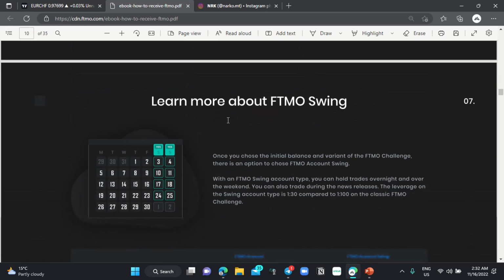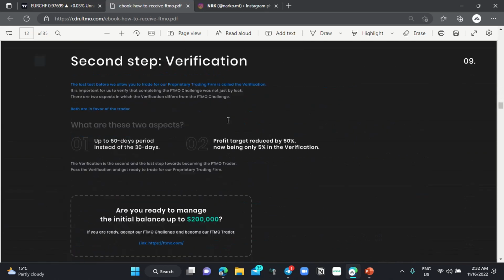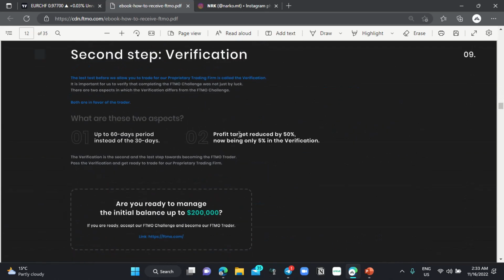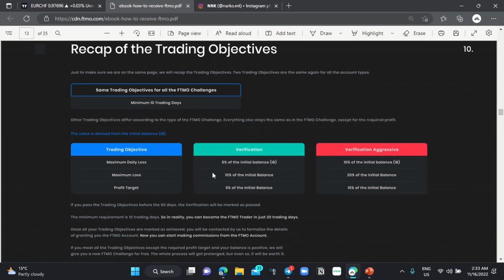Now you're moving to Phase 2. In Phase 2, your profit target is reduced by 50%, now being 5% in the verification. That means your profit target is only $500.